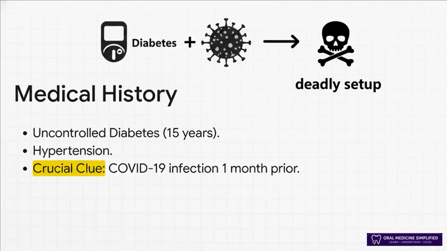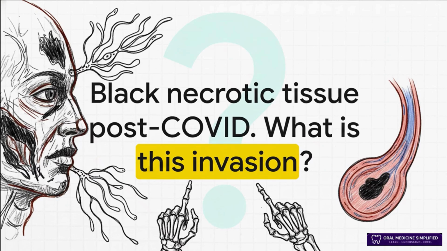Now pause. Before you jump to conclusions, check the history. Diabetic since 15 years. And then the critical turning point: COVID-19 infection 1 month ago. Now connect everything. Diabetes, recent systemic compromise, reduced immunity.